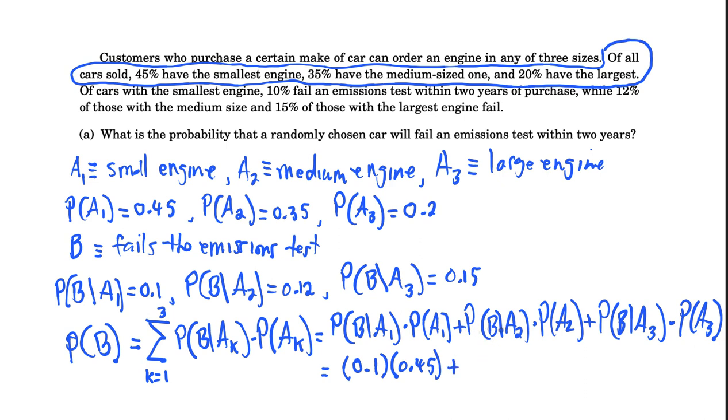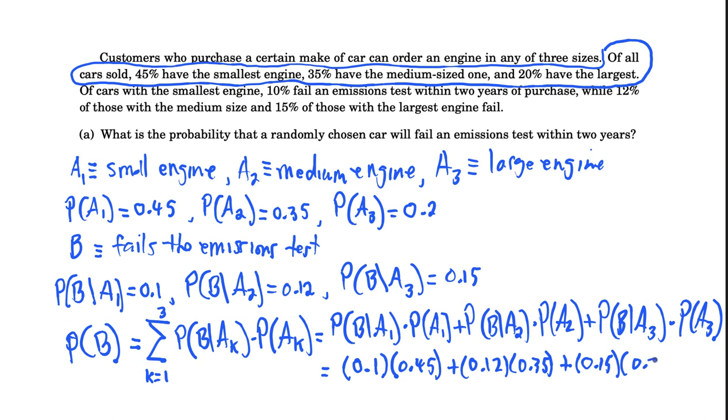Probability of B given A2, that's 0.12. And then times the probability of A2, that's 0.35. And then finally, the last term, the probability of B given A3, that's that 15% failure rate for the large engines. And then the probability of getting a car with a large engine, that is your 0.2 or 20%.